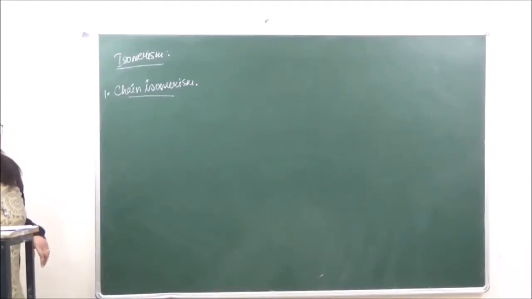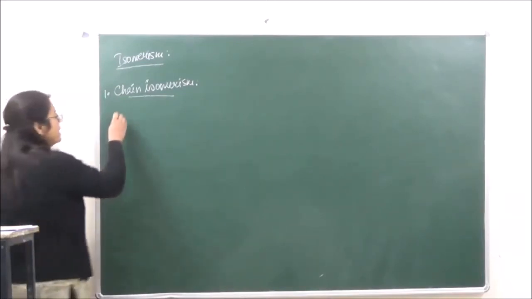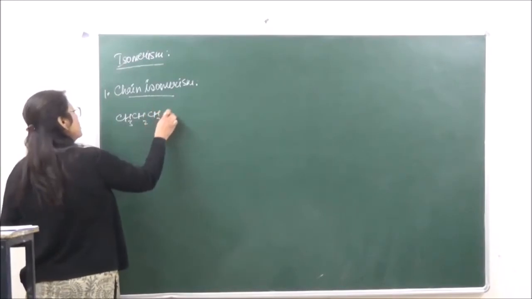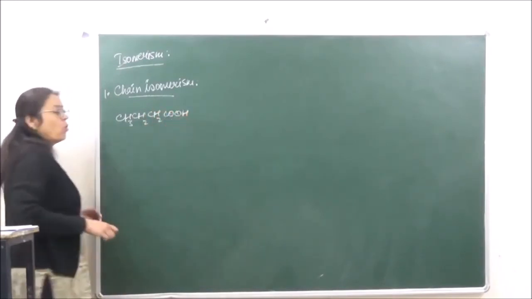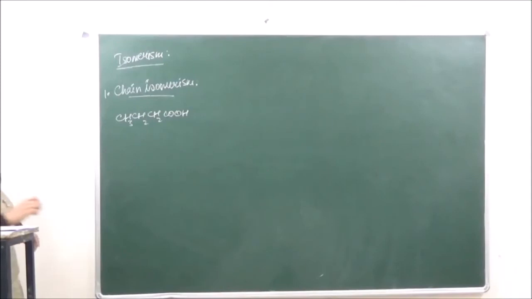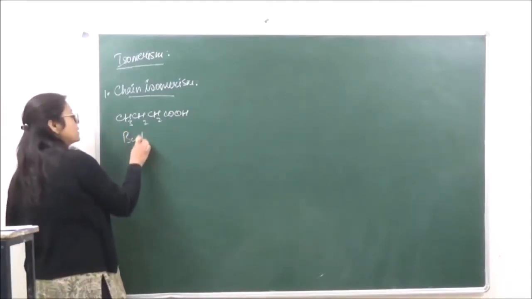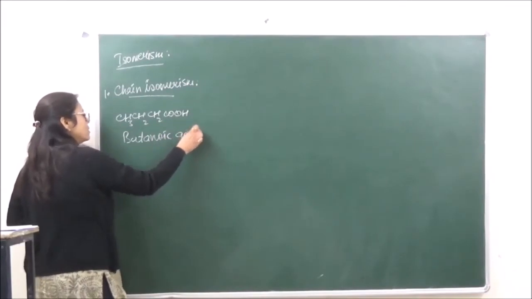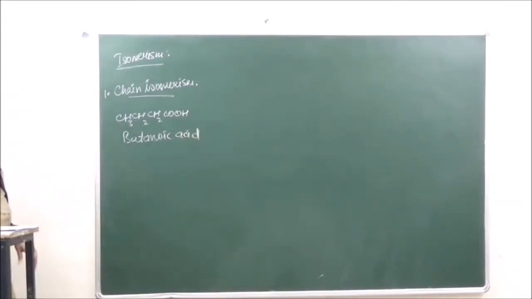In chain isomerism, the chain is going to be different and the molecular formula is going to be the same. So we have CH3CH2CH2COOH, right? This is known as butanoic acid.